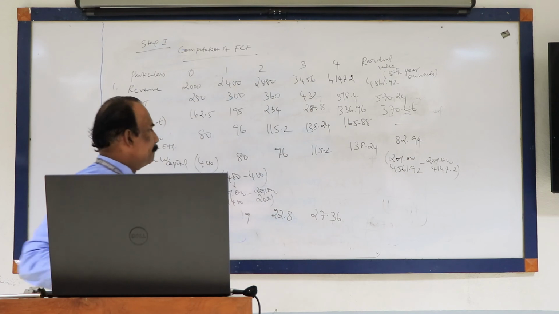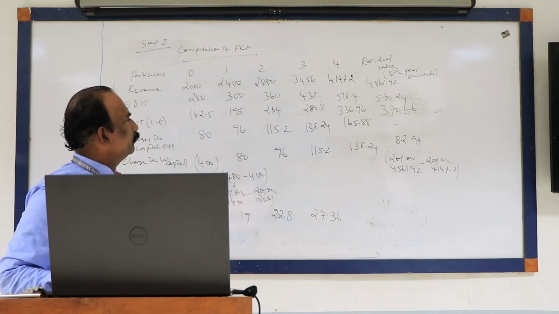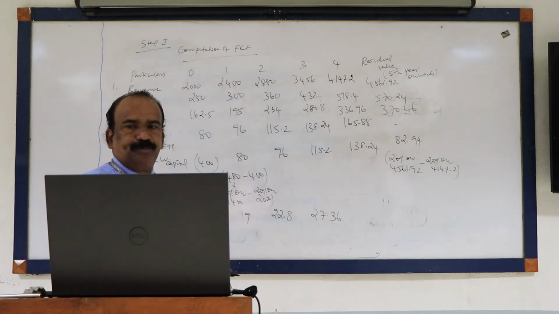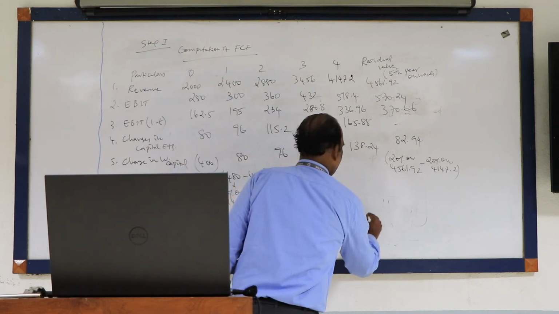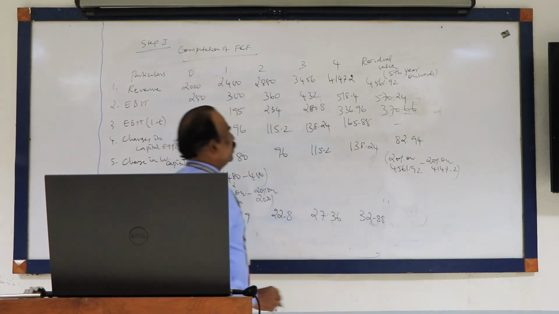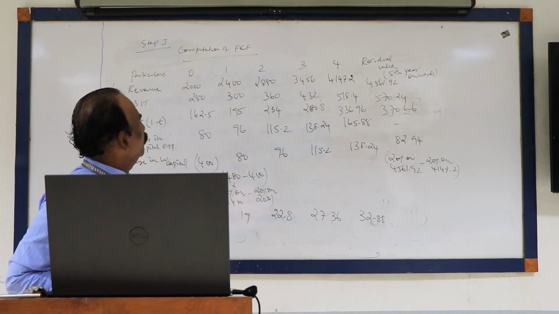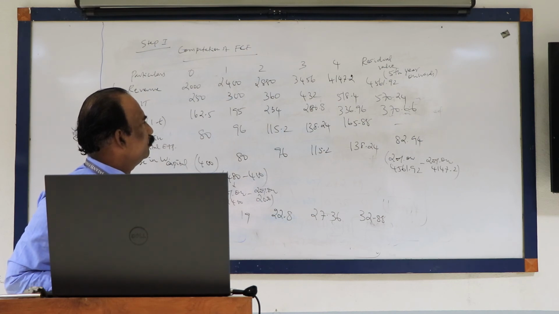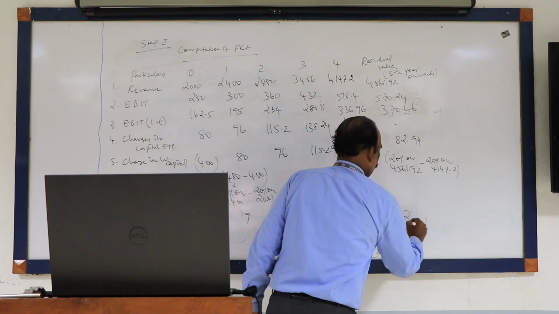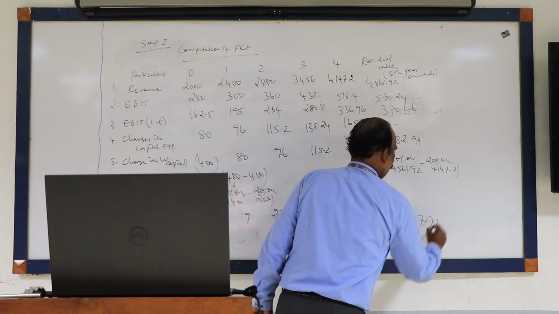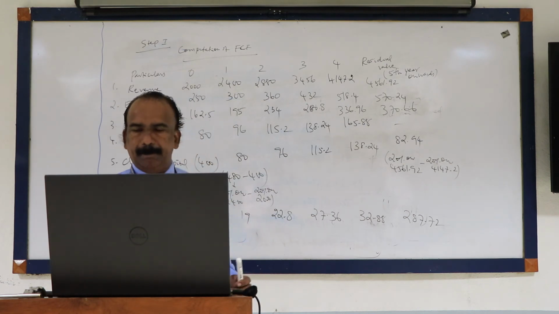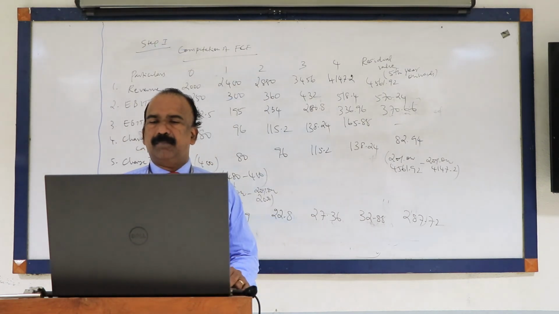Then the fourth one, 32.88. Residual value 370.66 minus 82.94, that is 287.72. Okay, this is the FCF calculation.